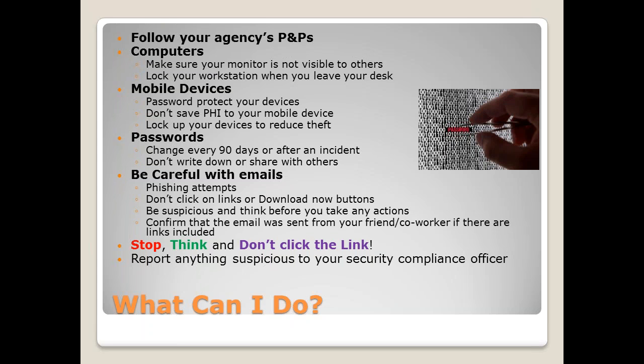Some of you might know about email phishing and other things that hackers use to try to get our information. For example, you get an email, and let's say you know me, we're friends on Facebook, we're friends at the office, and you get an email from me saying, hey, Kim, check out this link, it's really fun. You know me, you think I'm a fun person, you check out the link, and it's really directing you to a site that's going to install something on your computer.